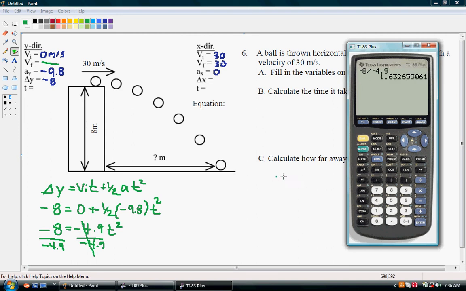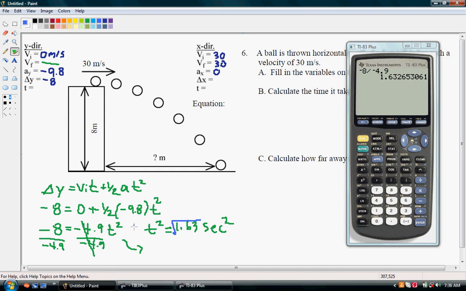And we get 1.63. So we know that t squared equals 1.63. But this is 1.63 seconds squared, and we want seconds. So we're going to have to take the square root of both these sides, the square root of 1.63 and the square root of t squared.